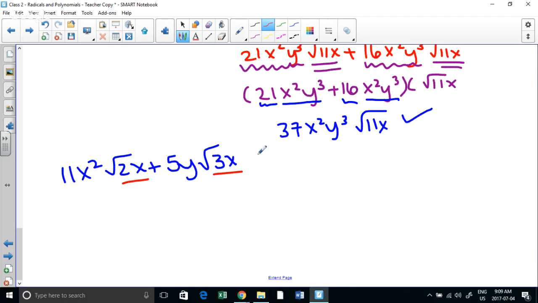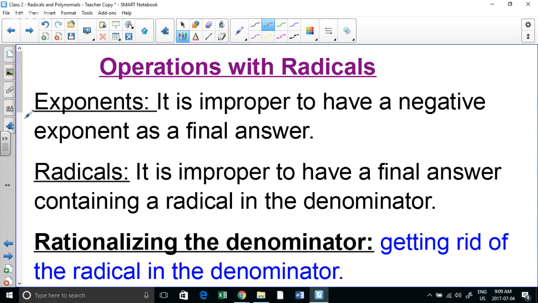So there's nothing I can combine, and that would be your answer. Perfectly acceptable. We can only start putting things together if we get identical bases like we had over here. But if not, then we're good to go. This would be your final answer. So we'll go back over here.